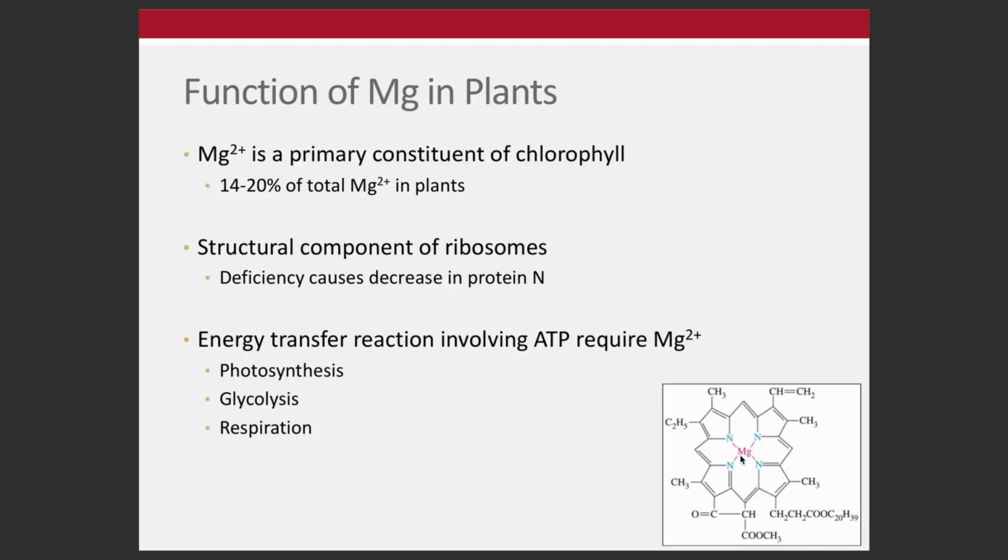And so when we have a lack or a deficiency in magnesium, we have a compromised ability of that plant to produce structurally intact protein. So it compromises the ability to synthesize protein. And it also is involved in ATP and energy transfer. So a compromise in that is going to compromise photosynthesis, glycolysis, respiration. So very primary and fundamental cell processes.